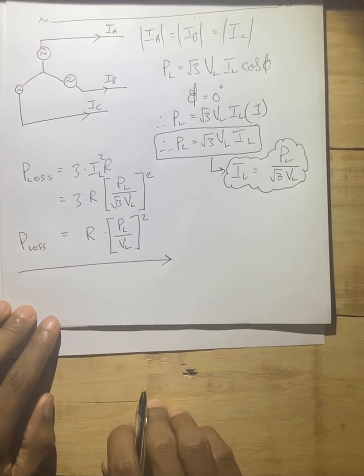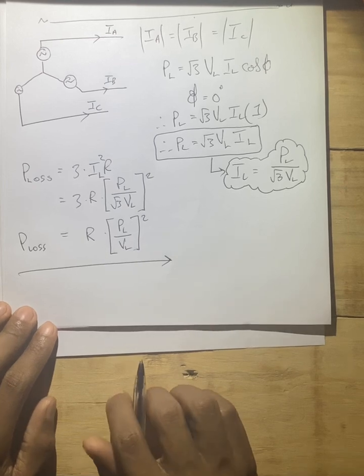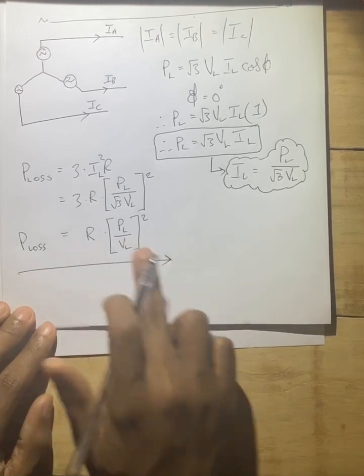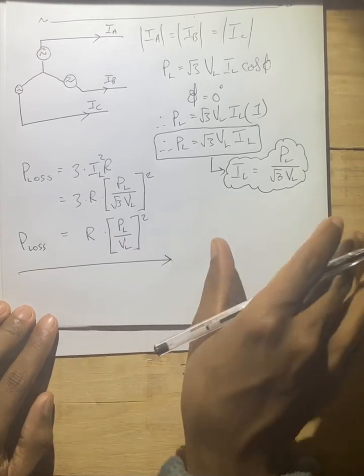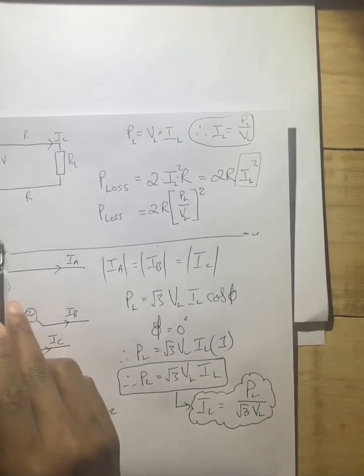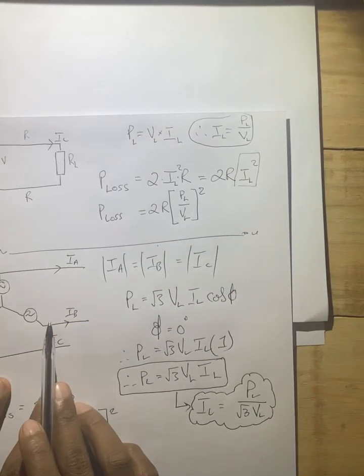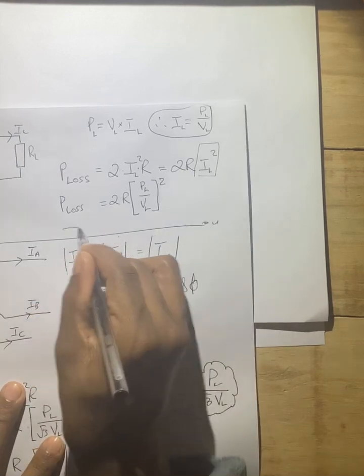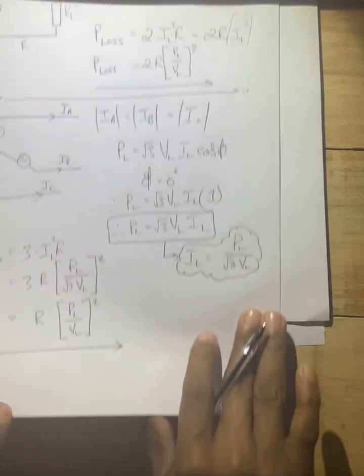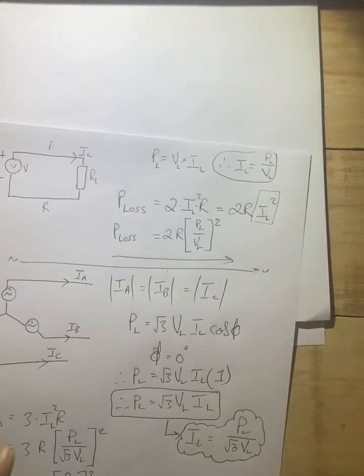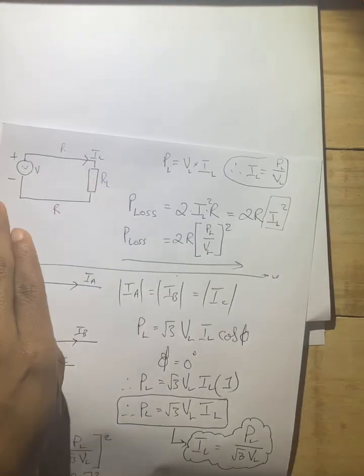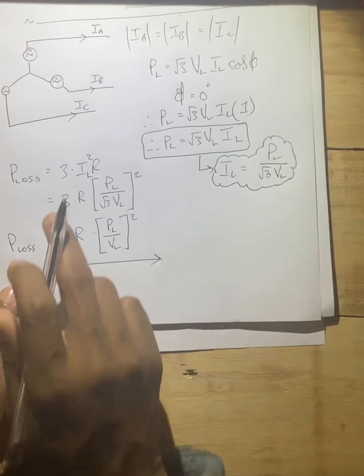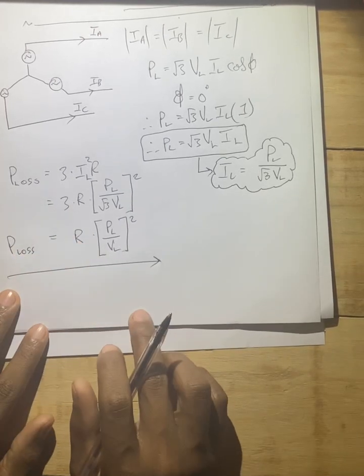Okay, now here's the question. What exactly is it that we are trying to achieve over here? What we've done so far is, for a single phase circuit, we've managed to prove that power loss is equal to this expression. When I say power loss, I'm referring to power loss due to wiring. Okay, this is a three-phase circuit.